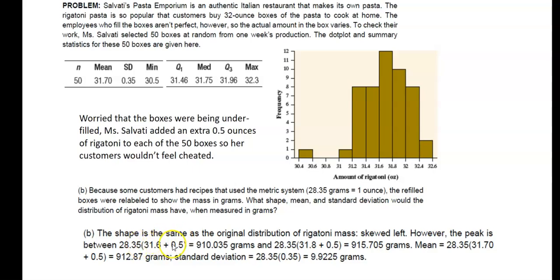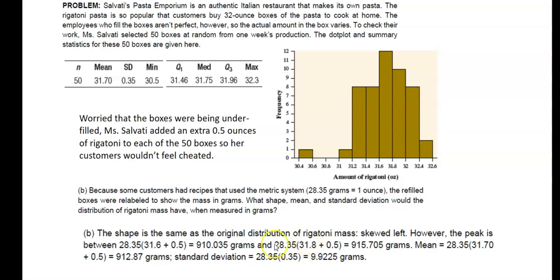So for the mean, you have to add and multiply. You have to add first, by the way, then multiply by the 28.35 to get that interval, which will go from 9:10 to 9:15. The mean would change, so for the mean you both add and multiply, add first and then multiply. But the standard deviation you only multiply, right?